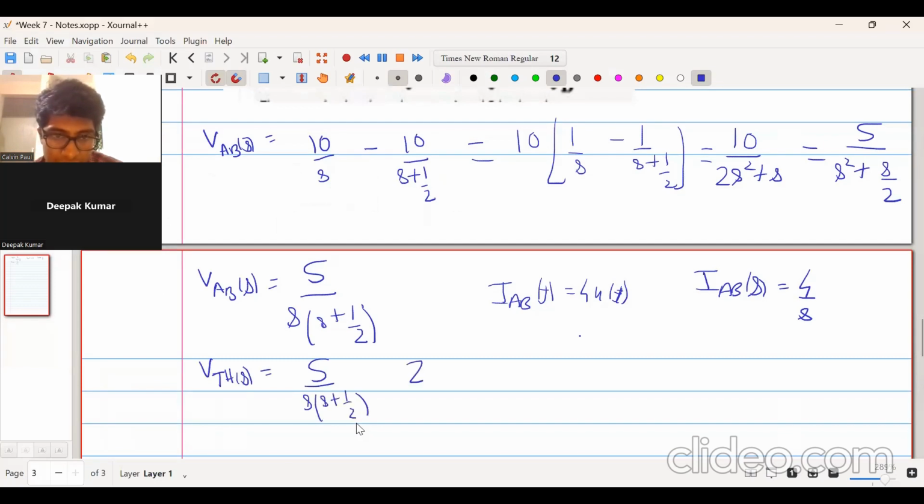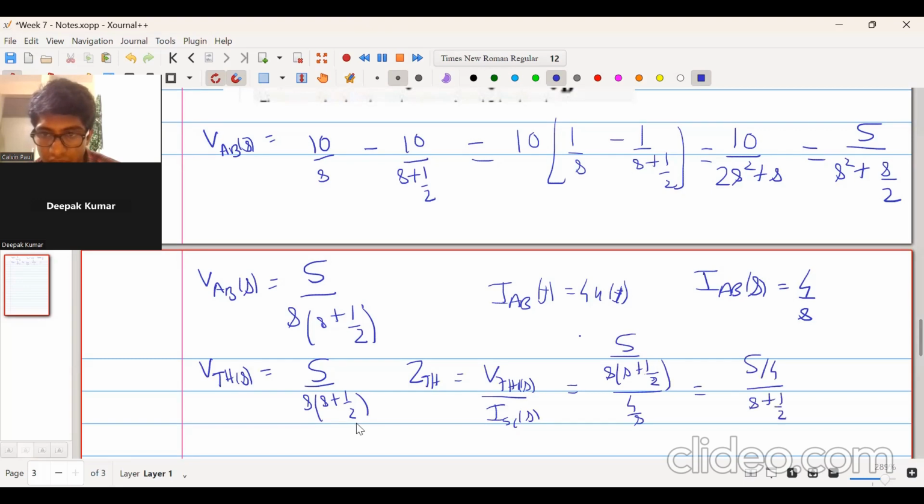That is 5 upon S into S plus half, divided by 4 by S. That is equal to 5 by 4 into S plus half, that is equal to 1.25 upon S plus half.